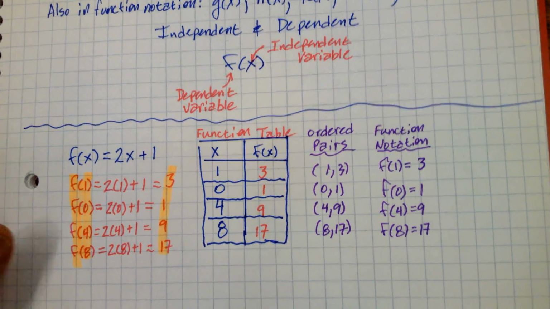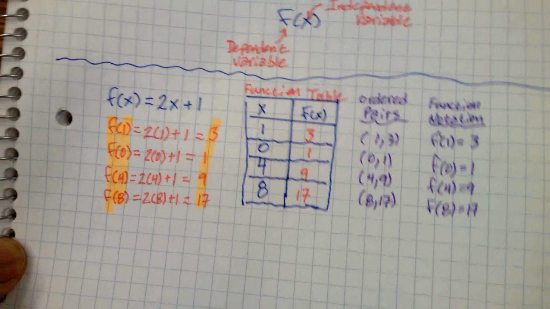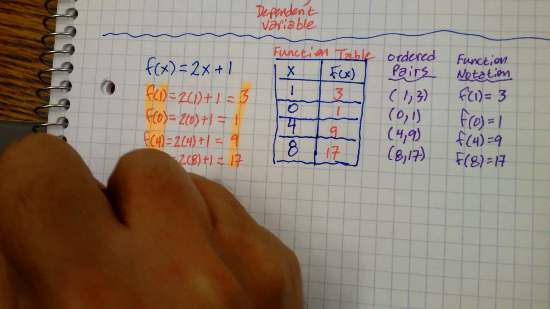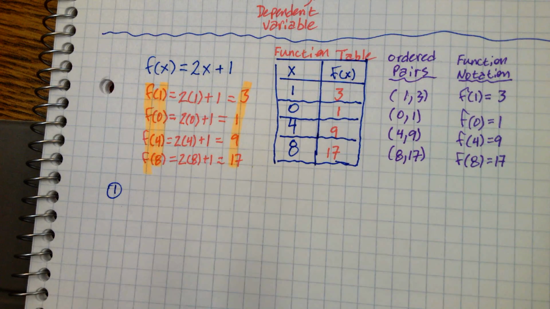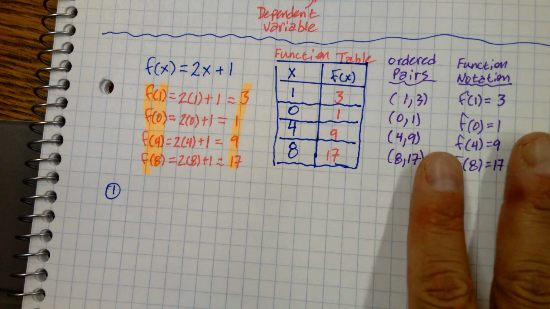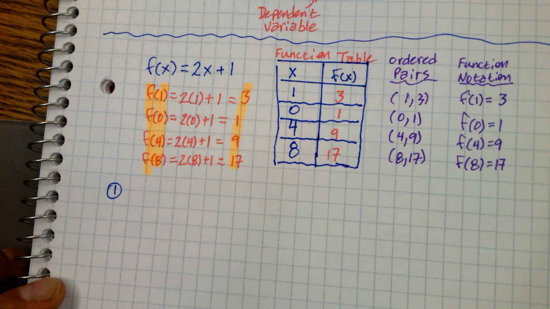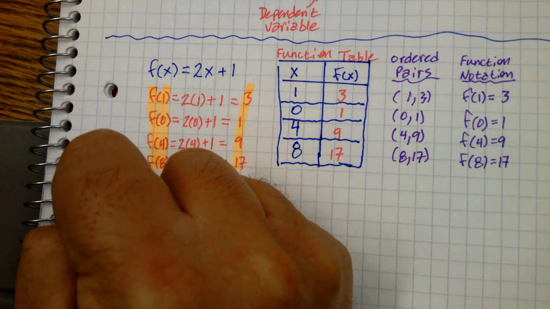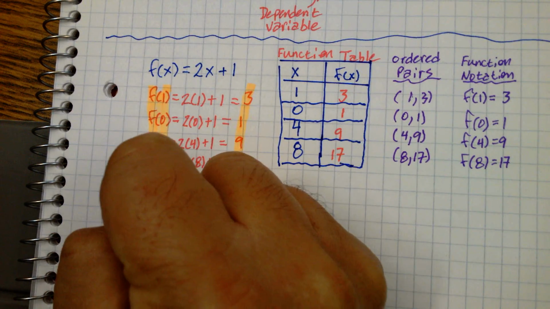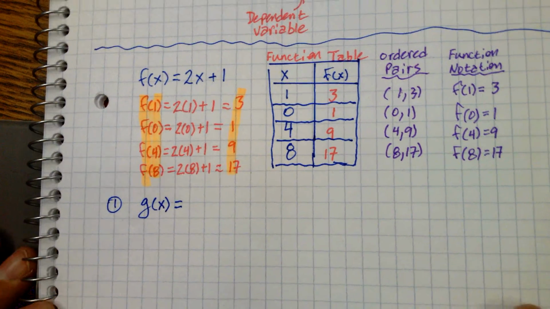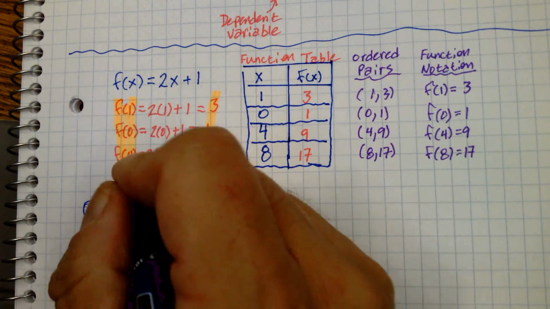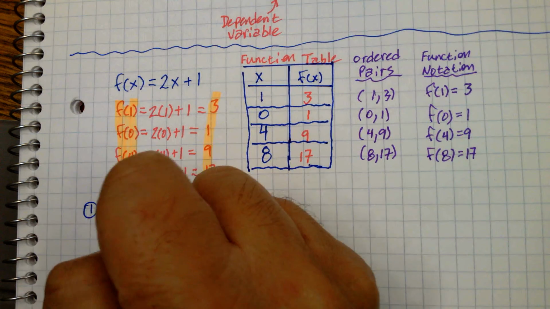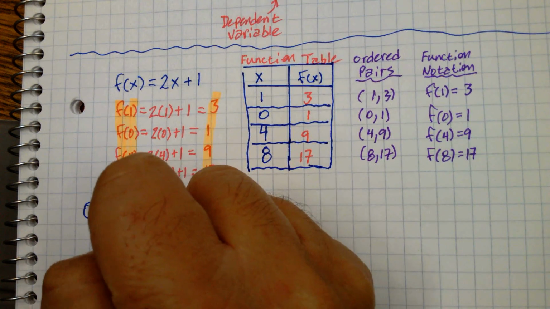So let's do number 1. We're going to write this in a function table, ordered pair, and as a function. Okay, so let's do one, call it g of x. And the rule for g of x is going to be g of x equals negative 3x.